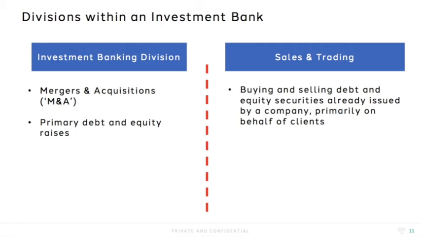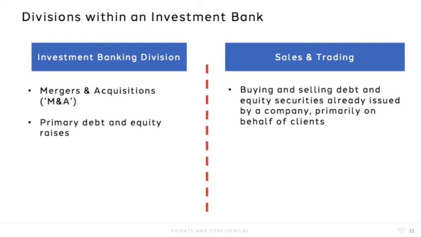You will also hear the term sales and trading. And what that is, that's a separate part of the bank. These are groups of people that buy and sell debt and equity securities that have already been issued by companies. And they're typically doing this sales and trading on behalf of clients that are investing in these securities.